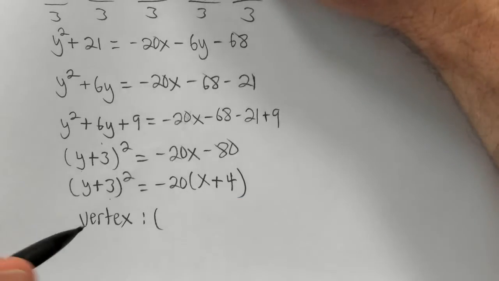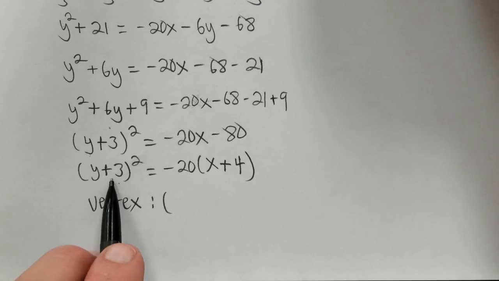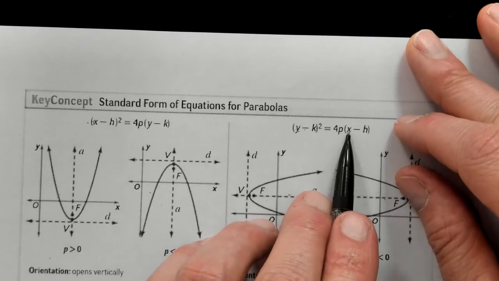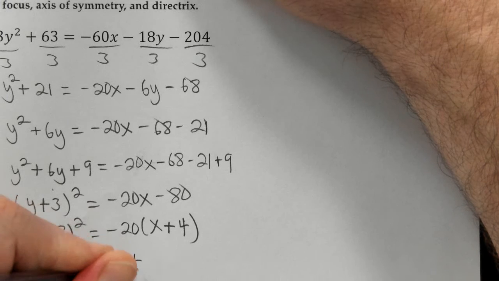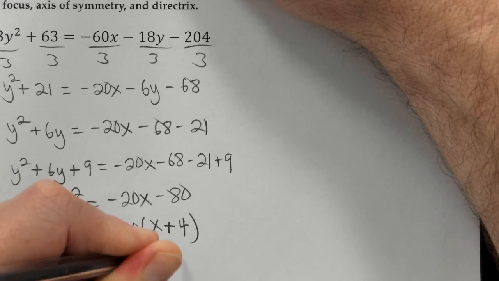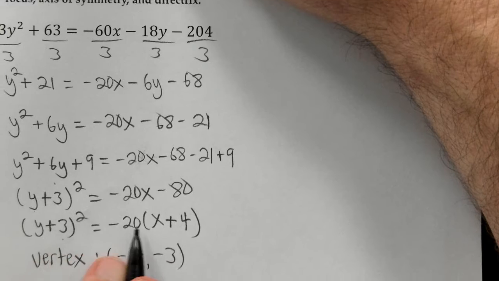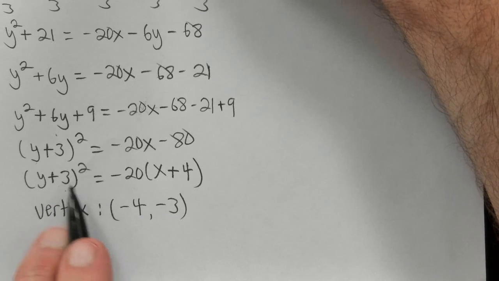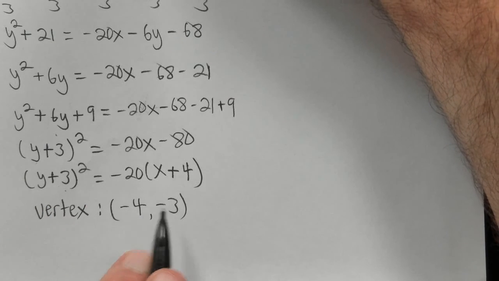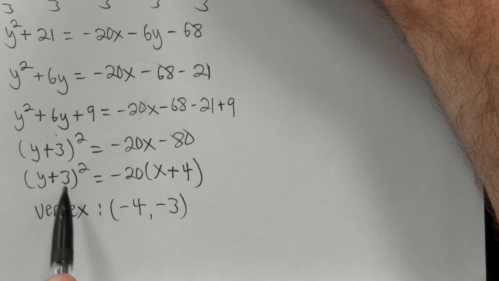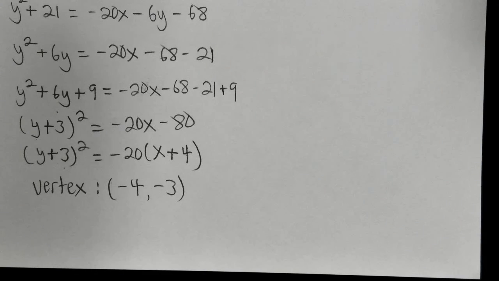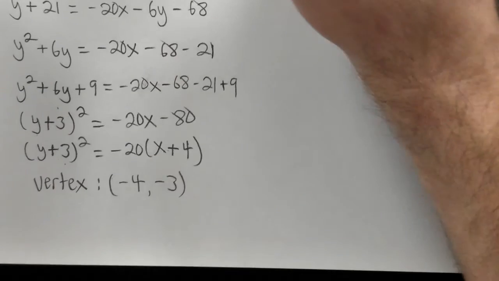It's going to be negative 4 and negative 3, because remember, the h is with the x, the k is always with the y, and so that's going to be negative 4 comma negative 3. Remember, you got to change the signs from the way they are in the equation. Plus 4 changes to minus 4, plus 3 changes to minus 3. Remember, the h is always with the x, regardless of which side it's on, and the k is always with the y, regardless of which side that it's on. Okay, so keep that in mind.